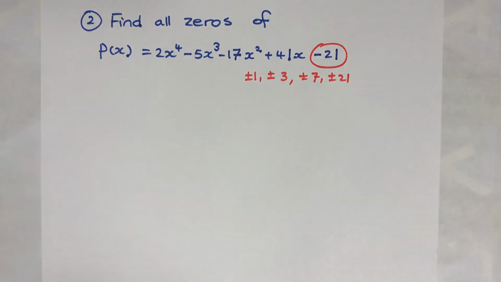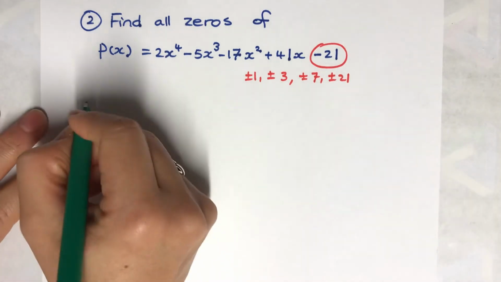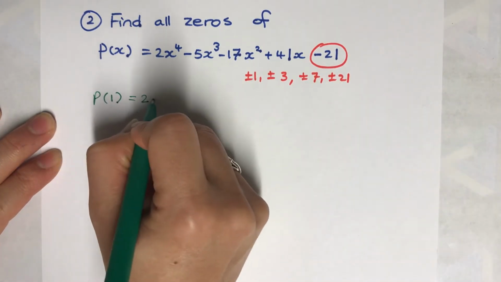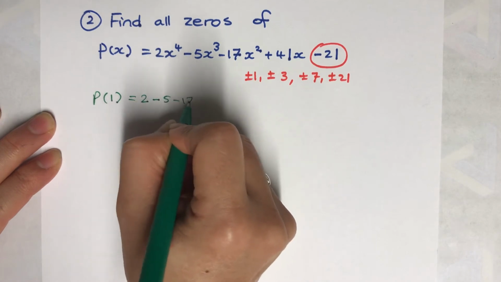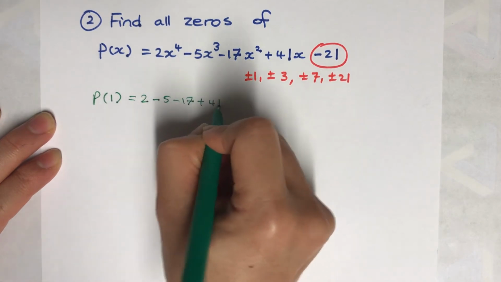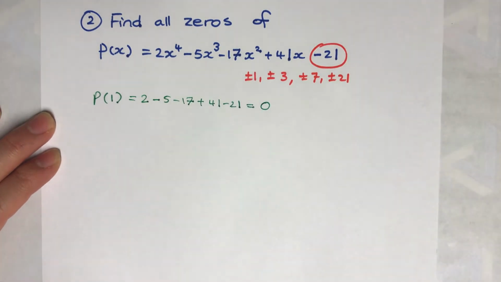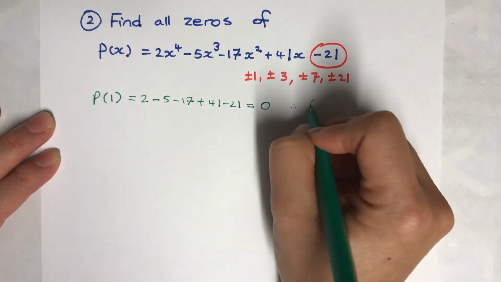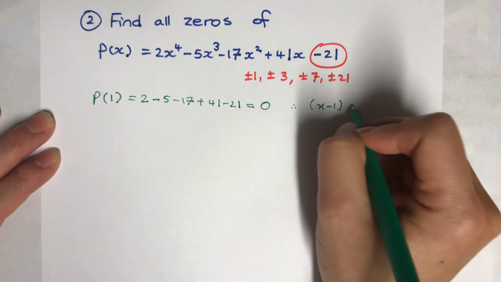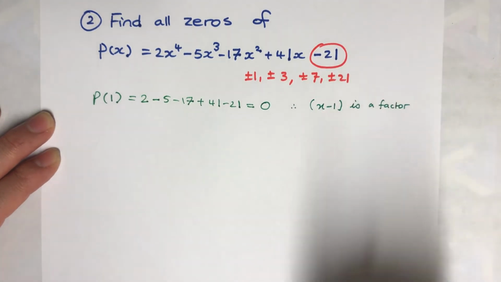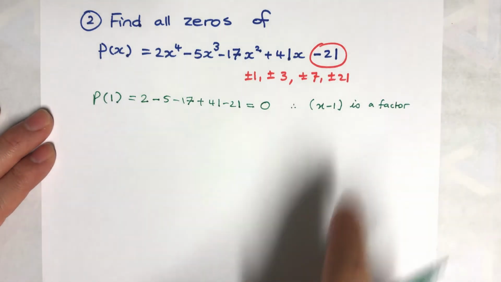Okay, so let's try this out. It's already in P of x, so I'm just going to put 1 in: 2 minus 5 minus 17 plus 41 minus 21. And if you put that in a calculator, you will get 0. So therefore, x minus 1 is a factor. Now, don't rush into doing the long division after you find 1.